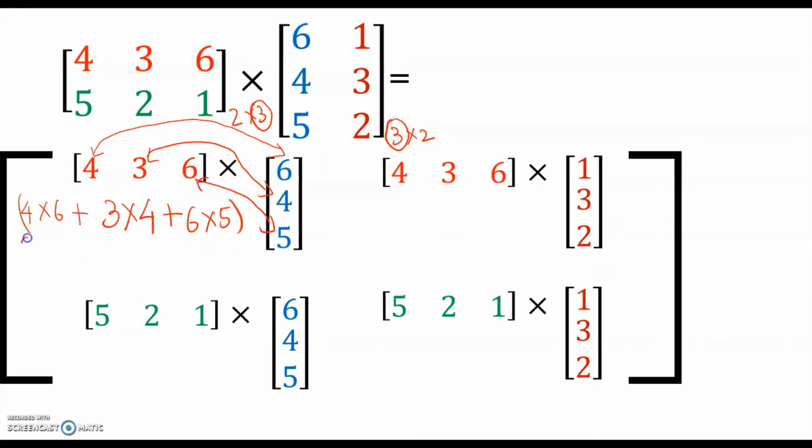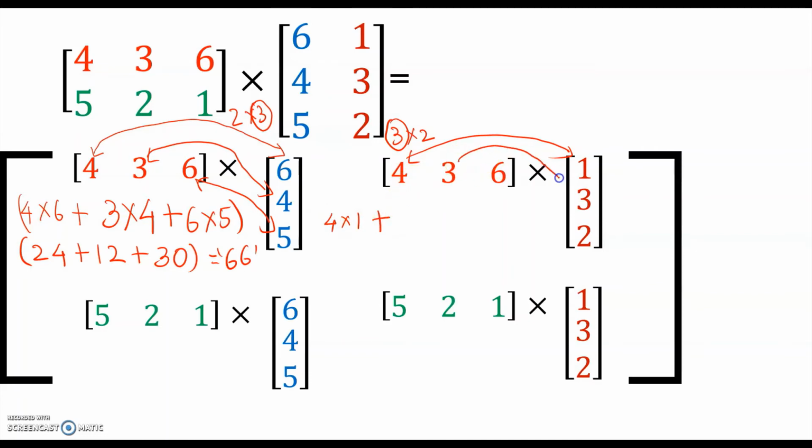So that will give you 24 plus 12 plus 30, so that's equal to 66. So let's leave this here. And the next, let's repeat the same process. 4 times 1 plus 3 times 3 plus 6 times 2. So you get 4 plus 9 plus 12, and that is equal to 25.